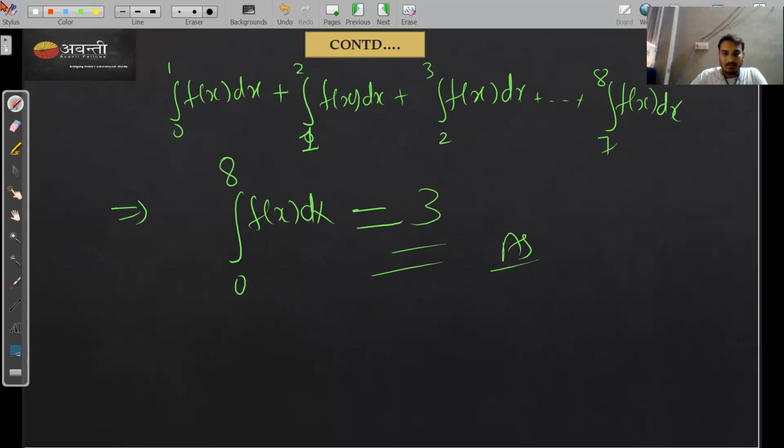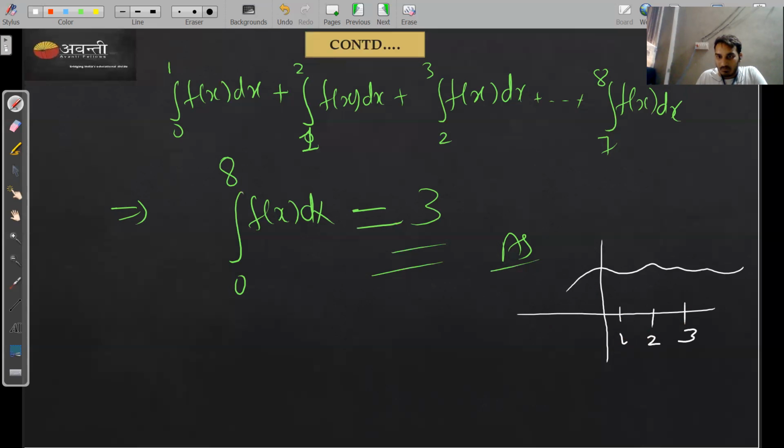So you know this thing, right? Let's say this is my function, and this is 1, 2, 3 and up to 8. What is the integration 0 to 1? Tell me. When I'm doing the integration 0 to 1, the value I'm getting is the area under this.